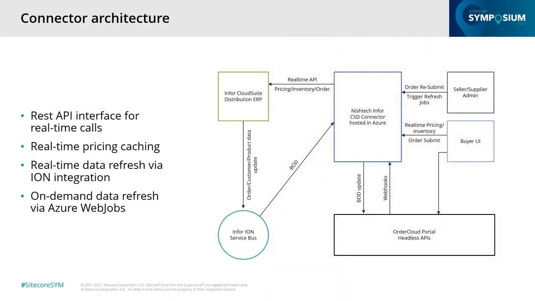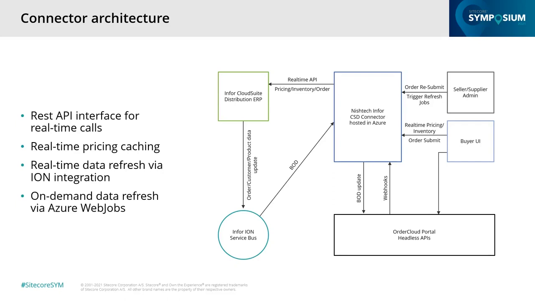Let's talk about connector architecture. The connector architecture utilizes Infor CSD REST API from middleware services to provide real-time data to the application implemented using OrderCloud. For example, when a customer visits a product page in storefront, Buyer UI makes a real-time API call to connector's middleware to get the real-time pricing.